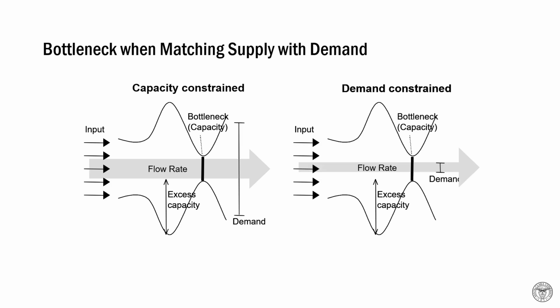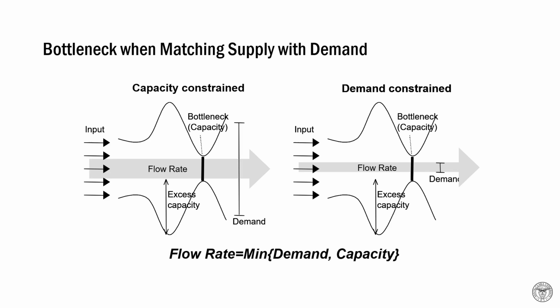Conversely, the right graph portrays a situation where demand is smaller than the capacity, signifying a demand constraint scenario. In essence, the flow rate of the system is determined by the minimum value between the demand and capacity.